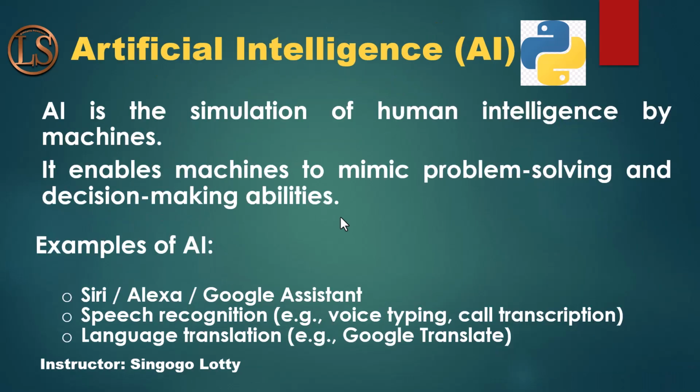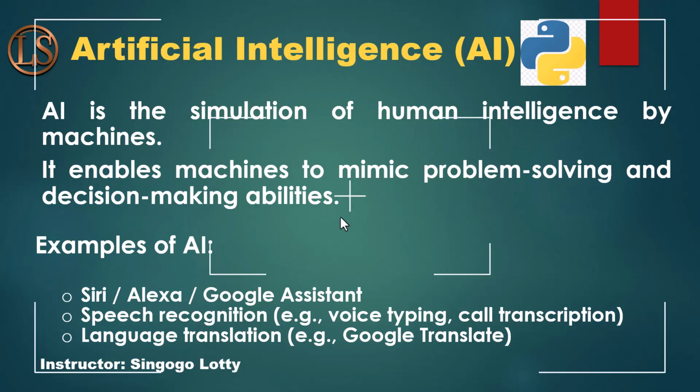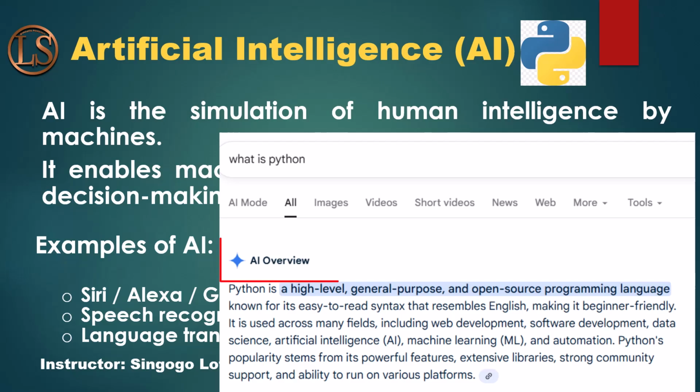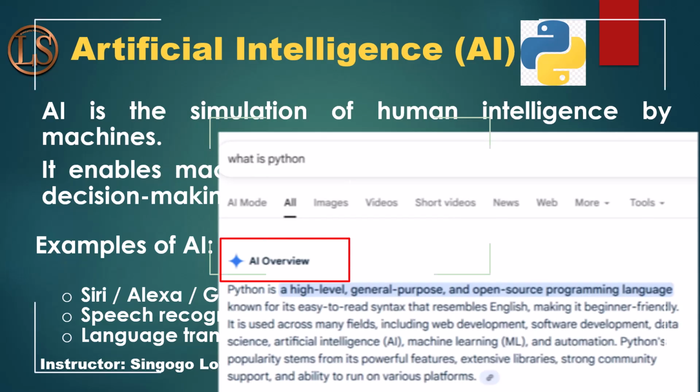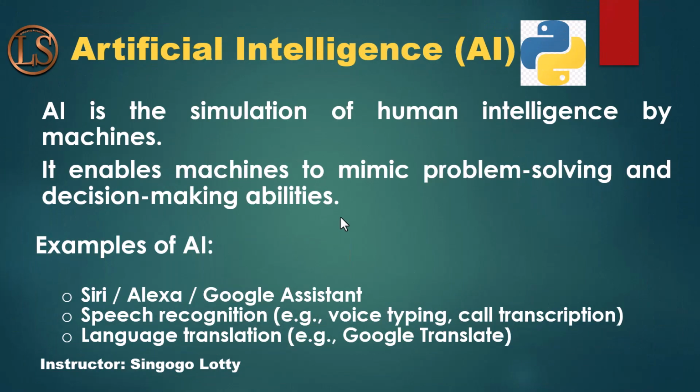Right. So let's talk about artificial intelligence. You've all heard of artificial intelligence. These days you go on a browser, you type anything, you see AI somewhere. So what is artificial intelligence? AI is the simulation of human intelligence by machines. It enables machines to mimic problem solving and decision making abilities. We have all actually interacted with it.